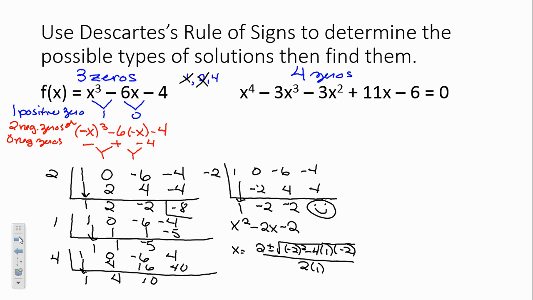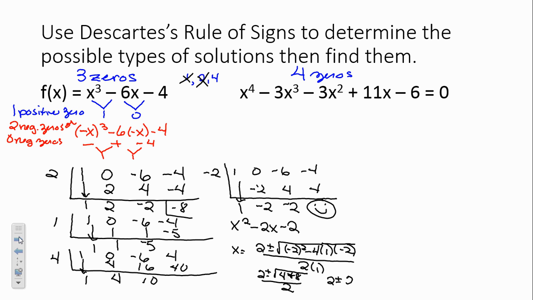So negative 2 squared is going to be 4. We always do what's in the quadratic first. Negative 4 times 1 is negative 4, times negative 2 is a positive 8. 4 plus 8? 12. Is there a perfect square in 12? 4.